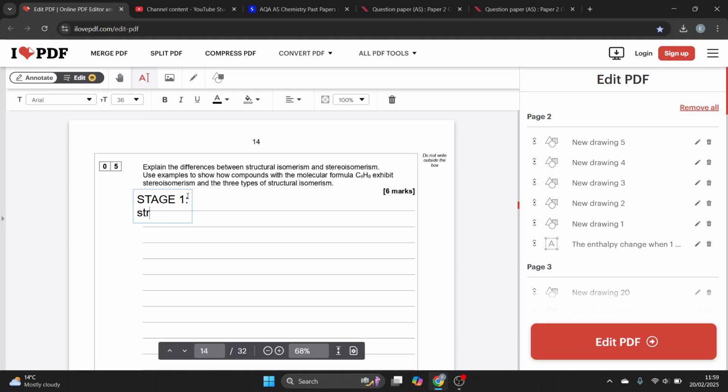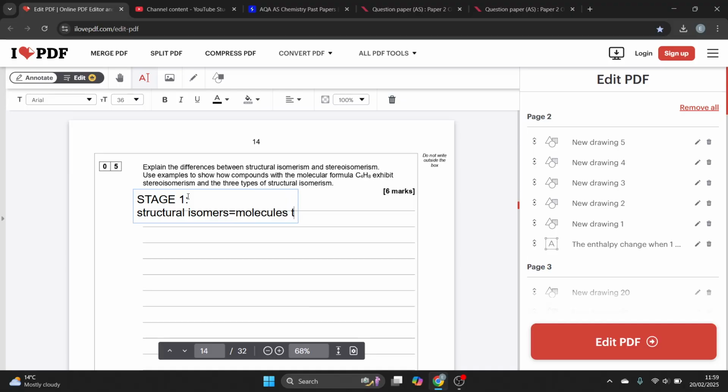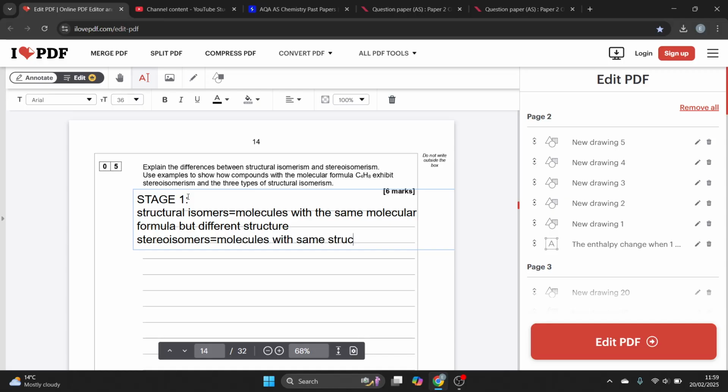Structural isomers are molecules with the same molecular formula but different structure, whereas stereoisomers are molecules with the same structural formula but a different arrangement of atoms in space.